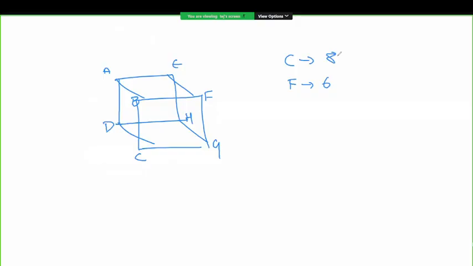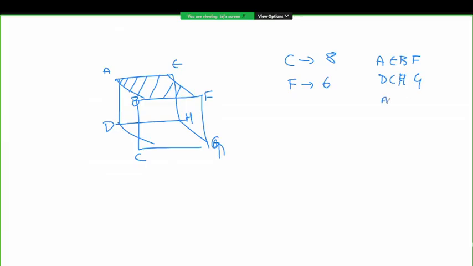Now, I'll name the faces. Let's go step by step. I'll shade it also. Whatever I shaded is the first face. AEBF is the first surface. Right opposite to it is this DCHG. DCHG is the second surface.